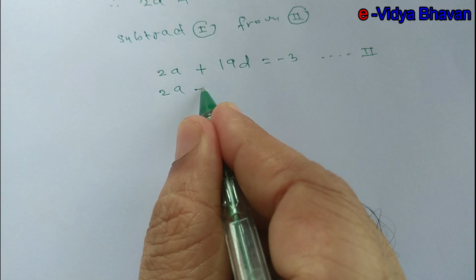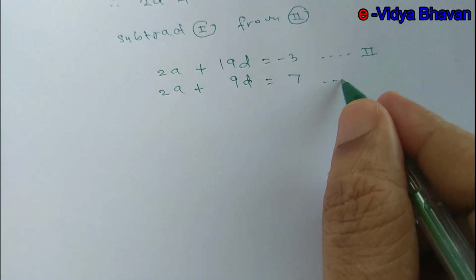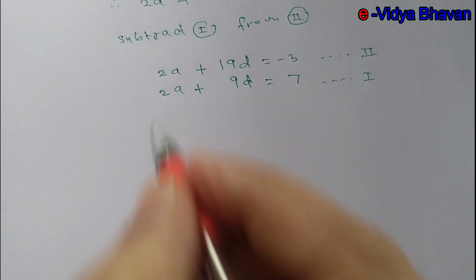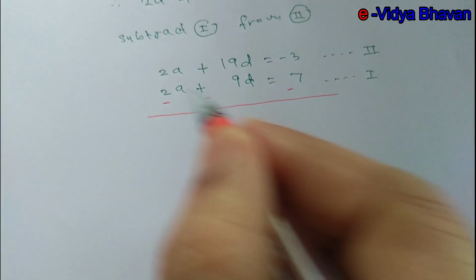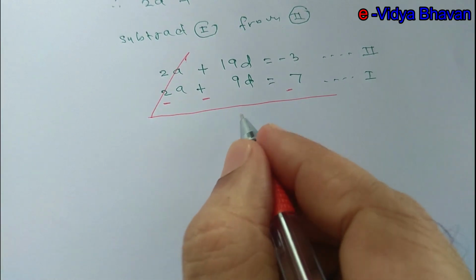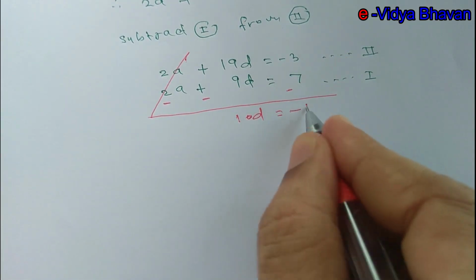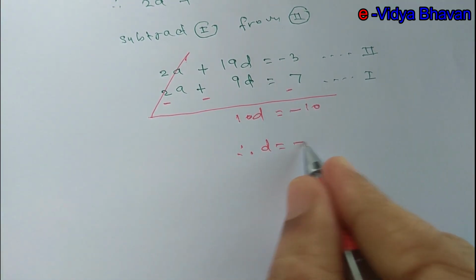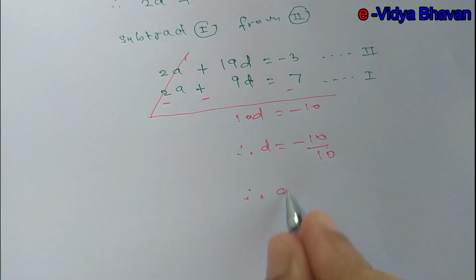First equation, 2a plus 9d is equal to 7. This is your first equation. Now let's subtract. This gets cancelled. 19d minus 9d is going to give me 10d. And minus 3 minus 7 is minus 10. Therefore, d will be equal to minus 10 upon 10. Therefore, d will be minus 1.